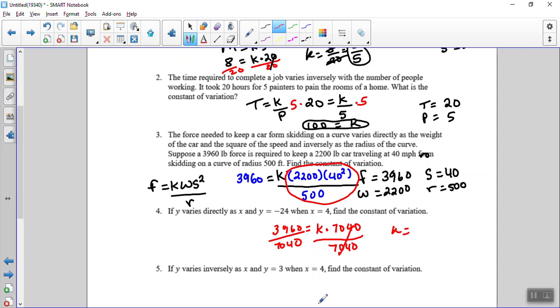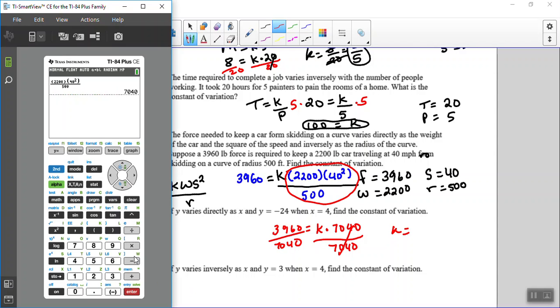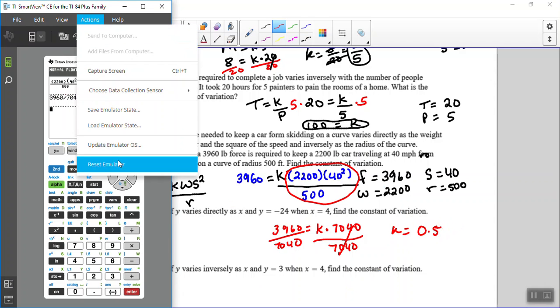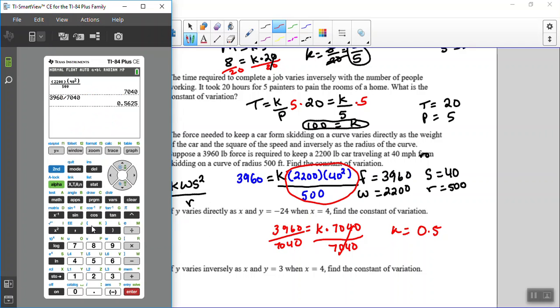So now you have K equals 3,960 divided by all of that. So K equals 0.50, hold on, 0.65625.